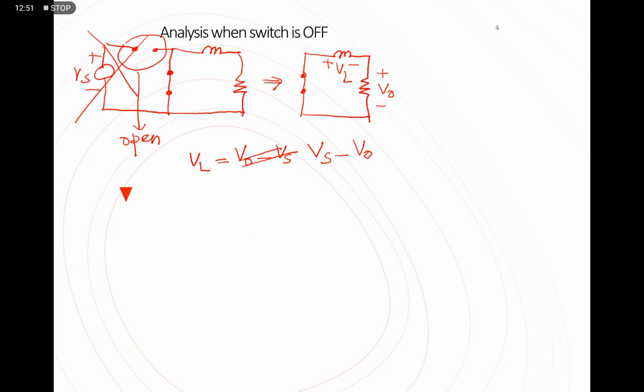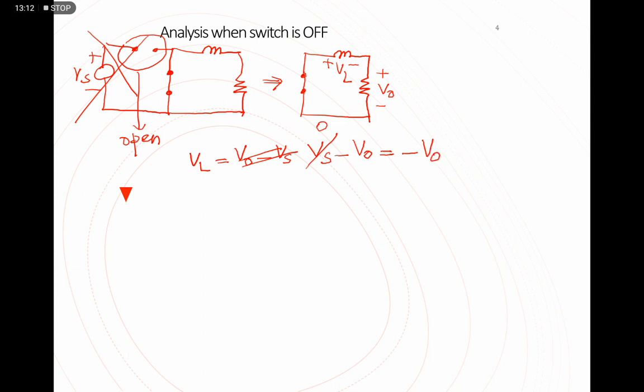Since in this analysis your Vs is being disconnected from the circuit, your Vs here will be equal to 0. So your voltage across your inductor will be equal to negative V0.